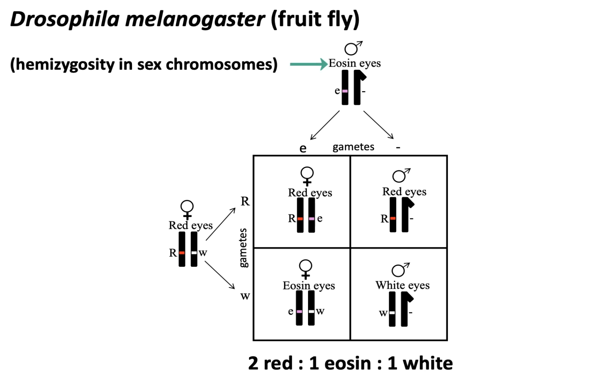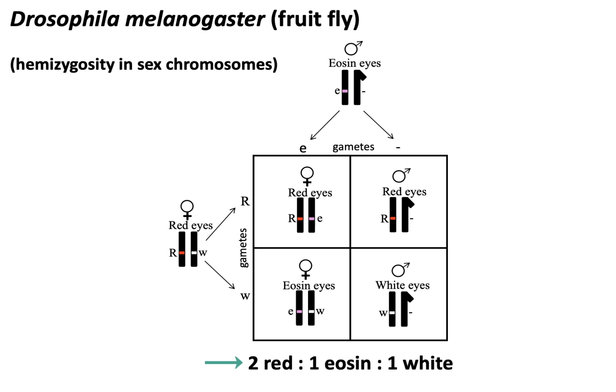So if you cross an eosine-colored eye male with a red-eyed female who is heterozygous for the red locus, that is, the allele on one chromosome is R, the red color, and the allele on the other chromosome is for the white eyes.